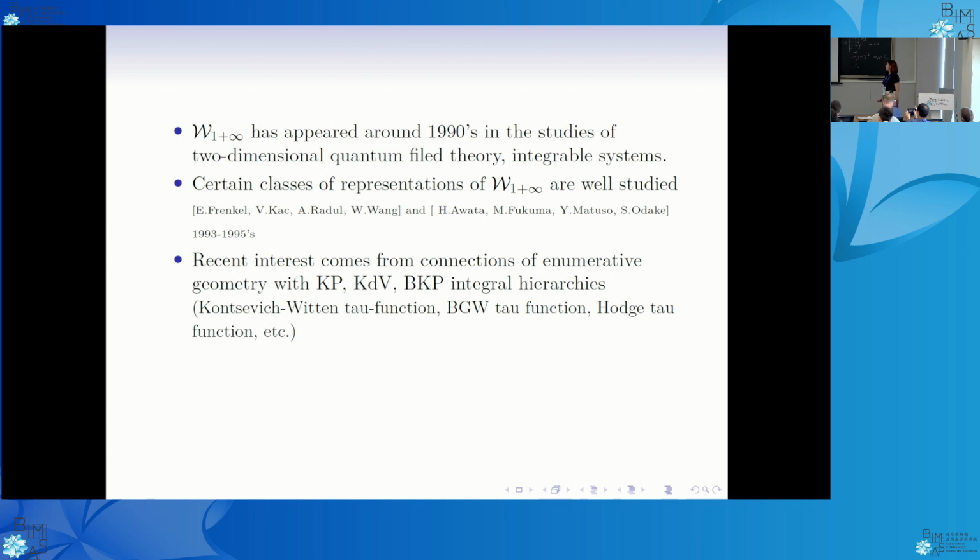It turns out that some generating functions of intersection numbers, such as those mentioned here, are tau functions of these integrable hierarchies. That means that after some change of variables and some manipulations, they do produce solutions of these hierarchies. These are very famous statements and a very active field of research.